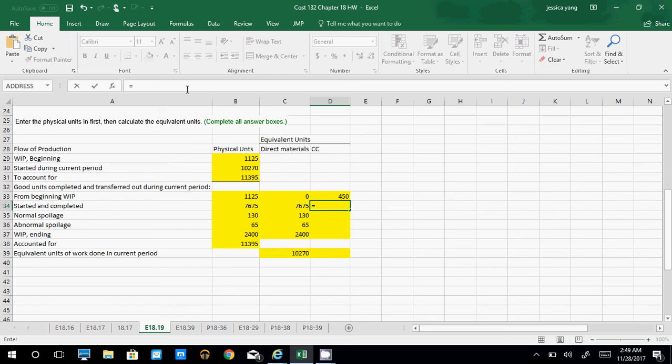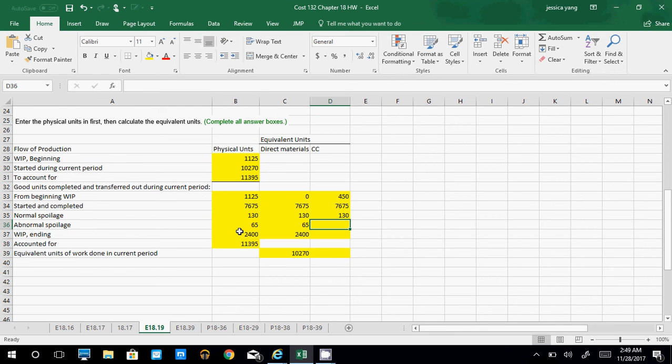For started and completed, for the equivalent units of conversion cost, we take the 7,675 units and multiply that by 100%, which gives us 7,675 units. For normal spoilage, we take 130 units in the physical units and multiply by 100%, which gives us 130 units.